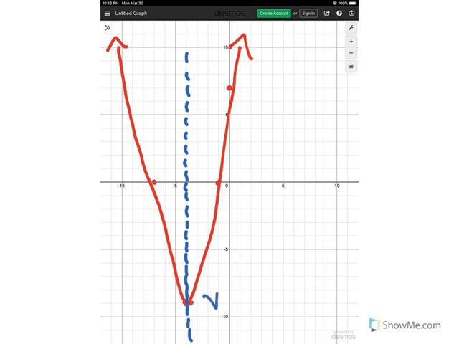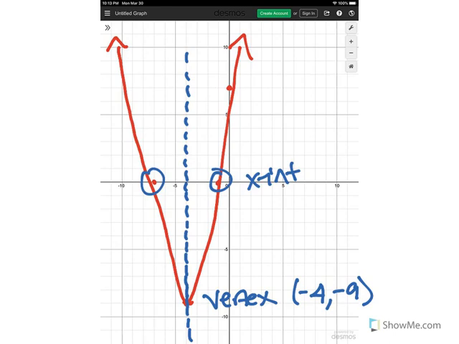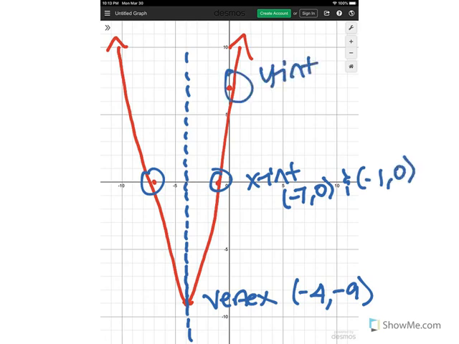So, again, what we have here is the vertex is at -4, -9. We know our x-intercepts: the first one is -7, 0, and the other is -1, 0. Our y-intercept is at 0, positive 7.